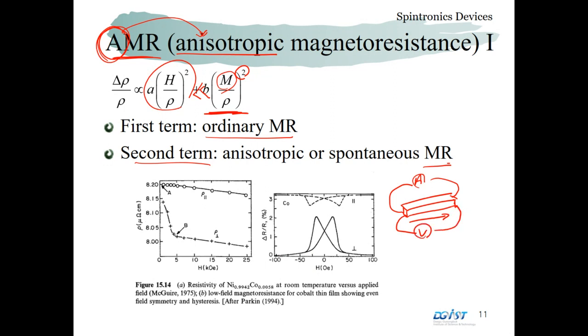If we apply the magnetic field in this direction, we call it the parallel one. And if we apply the magnetic field in this direction, we have a perpendicular one. When the field is strong enough to saturate, all the magnetic moments align to the current direction, and we have some certain value.